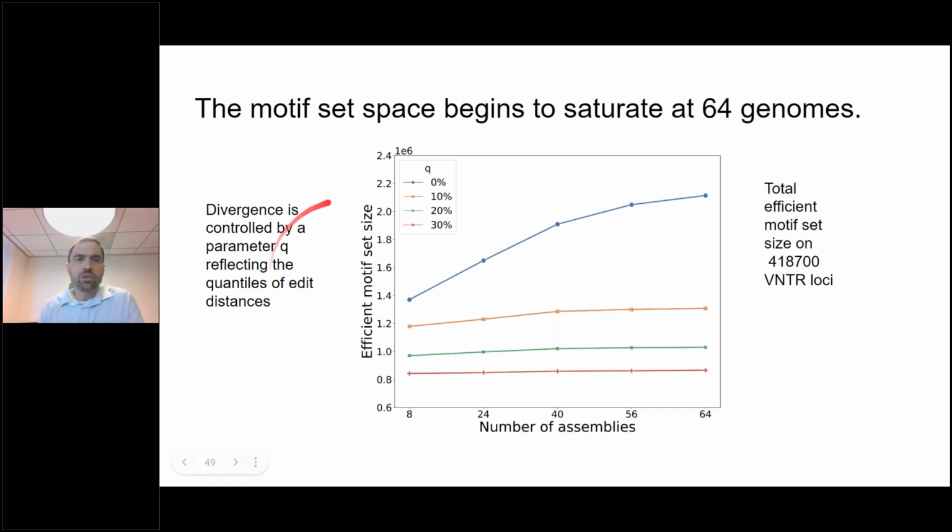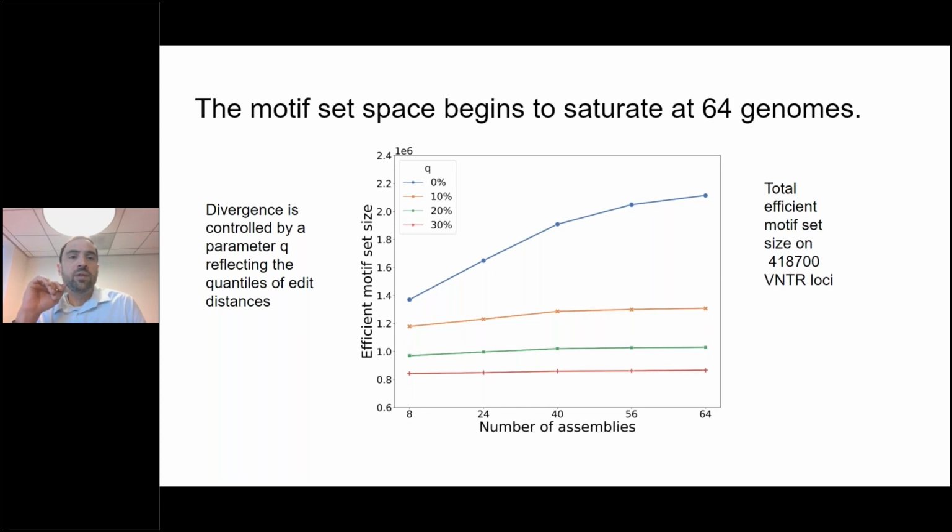And I'm going to show a few different plots that show different values of this parameter Q. And Q is essentially a parameter that can be used to tune the amount of edit distance that we allow between the efficient motif set and the original sequences.